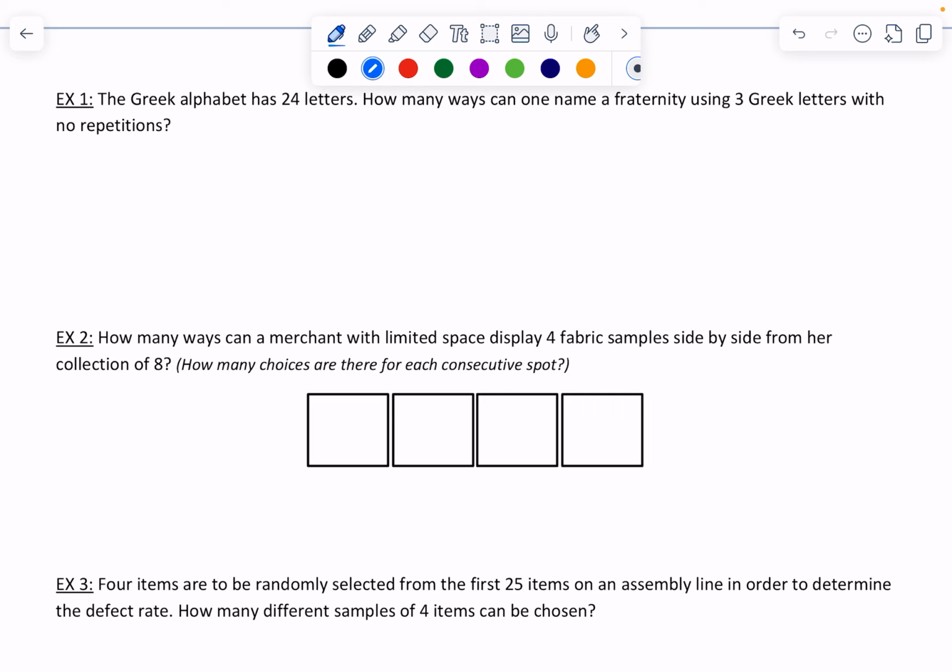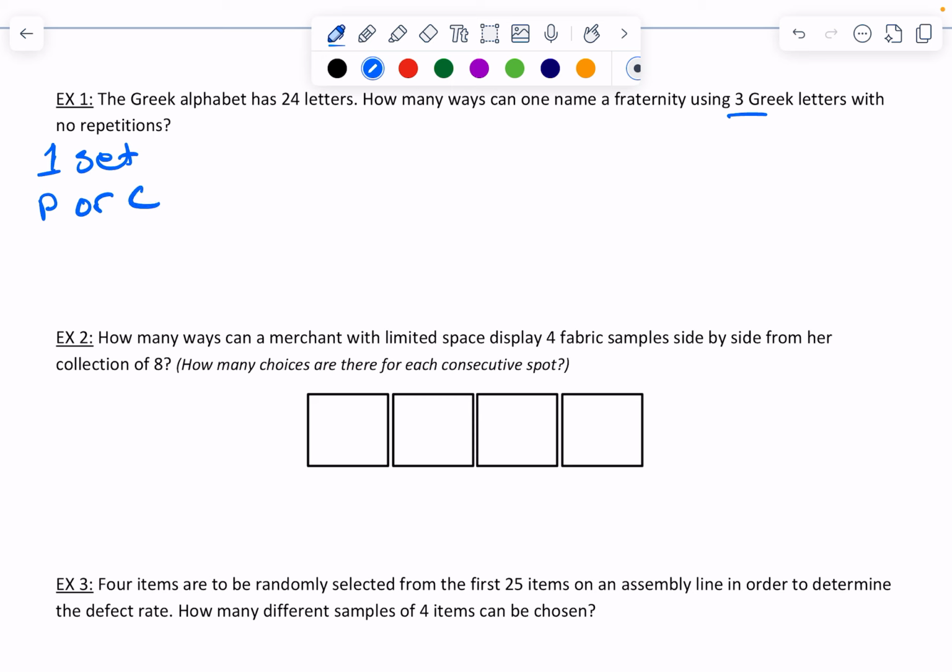So the Greek alphabet has 24 letters. How many ways can one name a fraternity using 3 Greek letters with no repetitions? So what do we have here? We have one set. Now, is this a permutation or a combination?